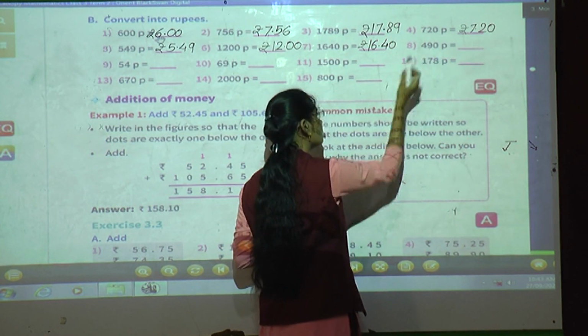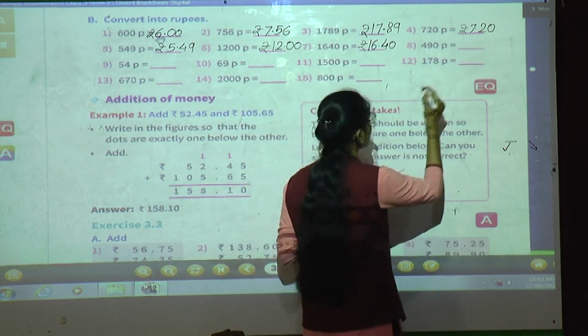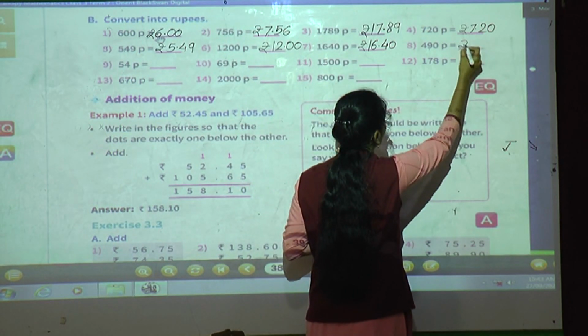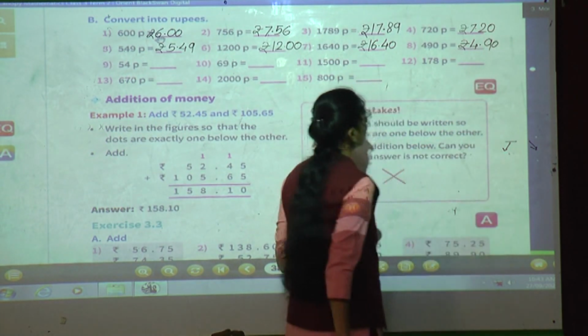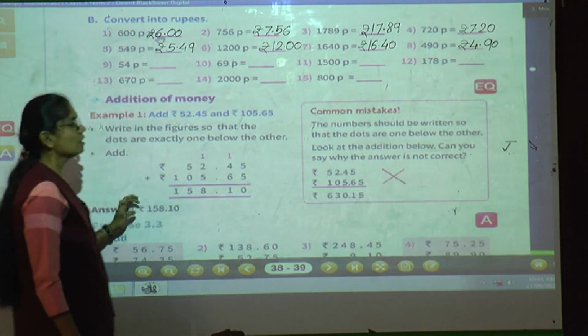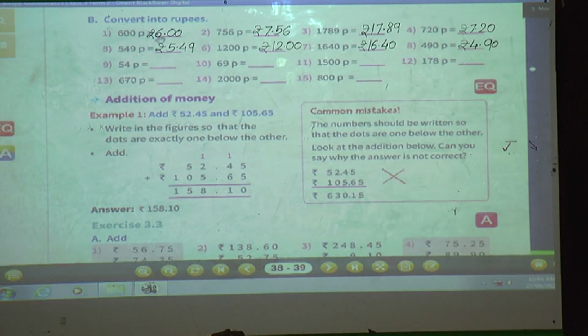So before 9 we have to give a dot. Then what will be the number? Rupees 4.90. 490 paise is equal to rupees 4.90. Say rupees 4.90.